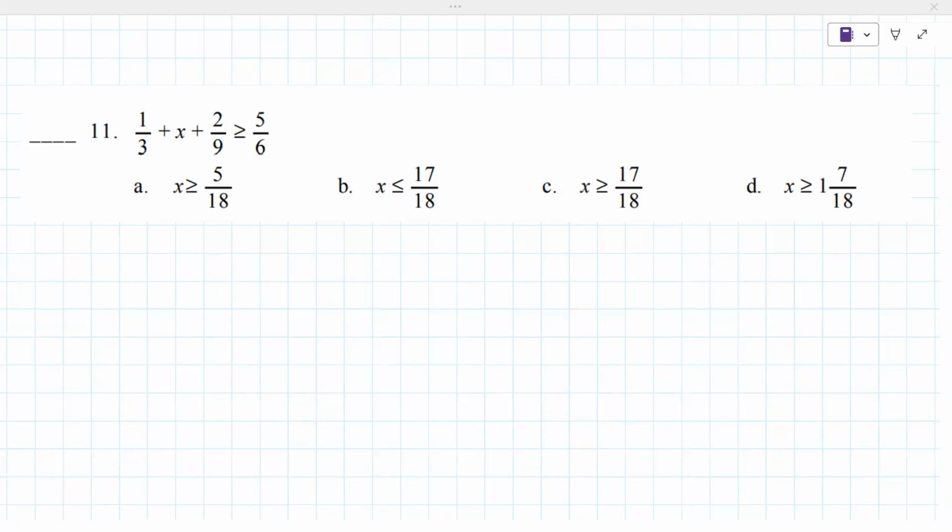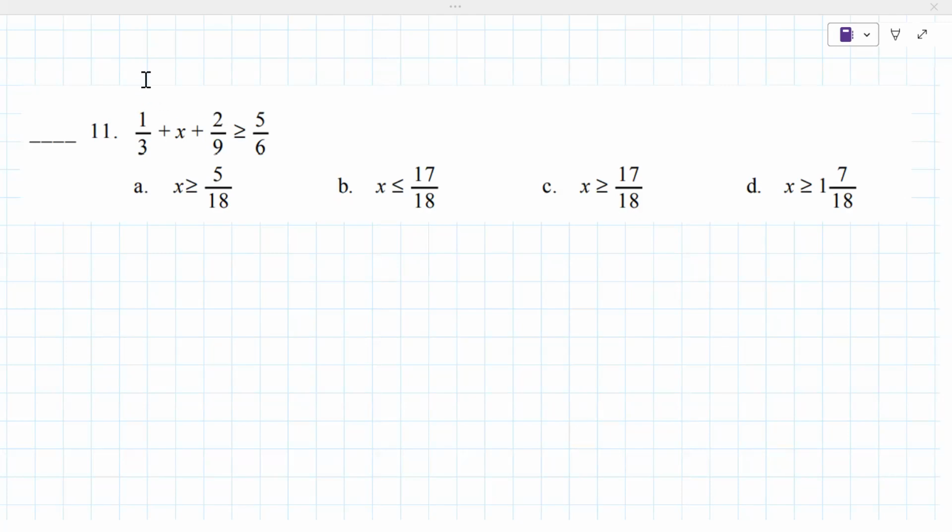Trying to think if I maybe messed something up, because I got x is greater than or equal to 0. I got 6/18 plus x plus 4/18 is equal to 10/18.